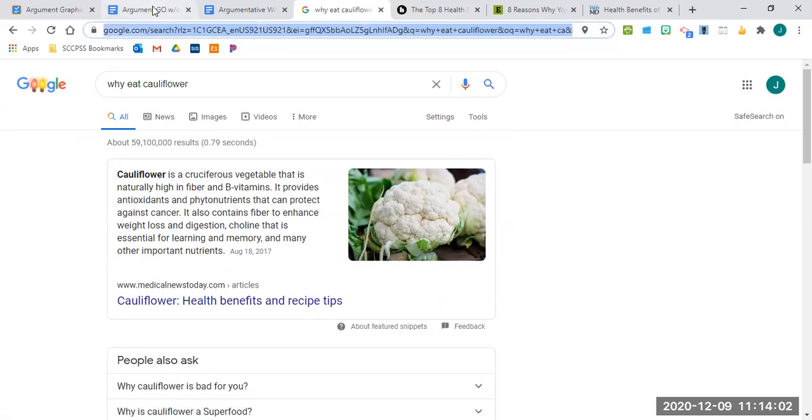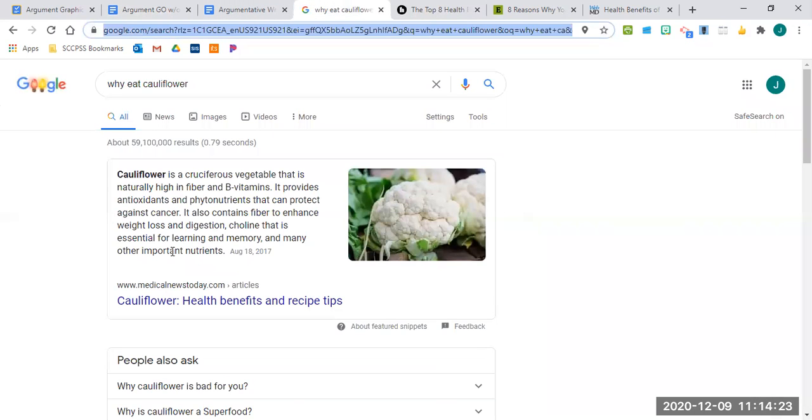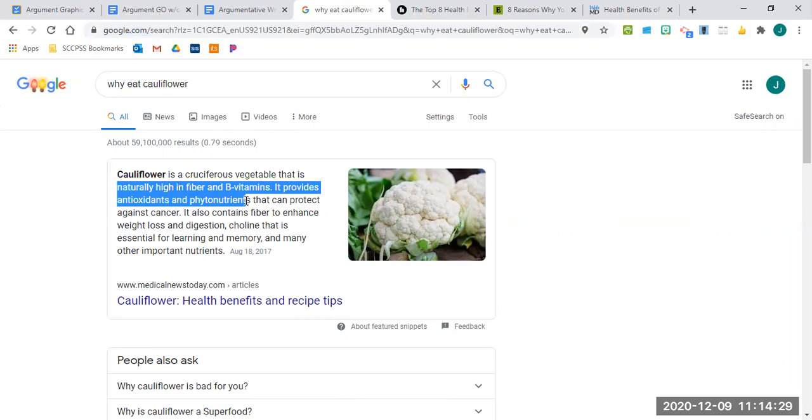What if I had to say it's filled with good stuff? Ingredients. And bam, it's naturally high. So now I can get scientific. It provides antioxidants and phytonutrients that can protect against cancer.